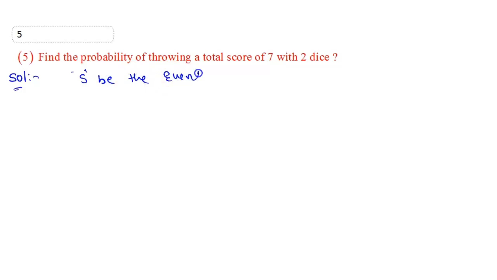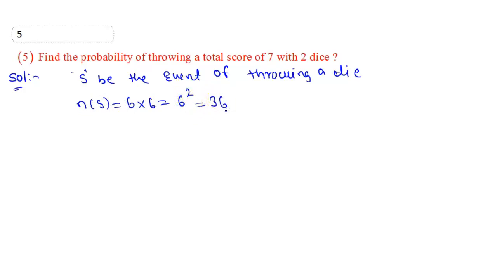Let S be the event of throwing a die. How many dice are we throwing? 2 dice. So n of S is equal to 6 into 6, which is 6 squared, which is 36. In the question, he is asking for the sum of the total score to be 7.